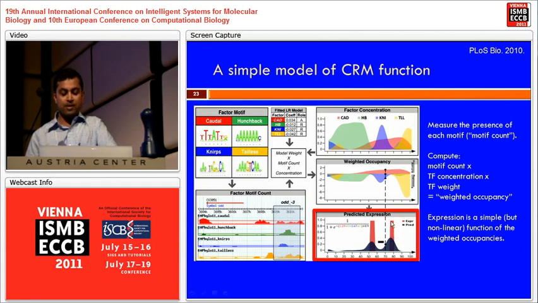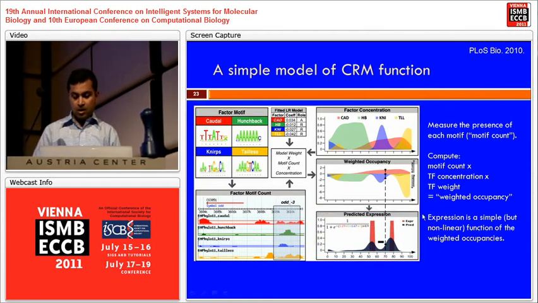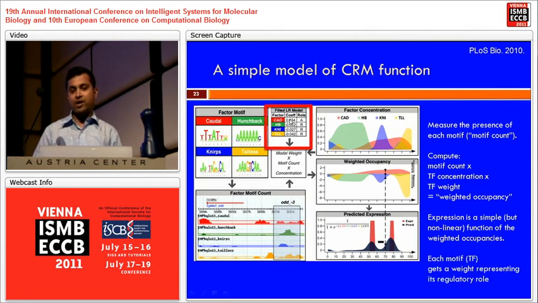In this case, it matches pretty well with the real expression profile driven by the CRM, which is these two red bricks here. So that's the model, and in particular, while training the model, we'll learn one parameter for each transcription factor that'll tell us whether it's an activator or a repressor.